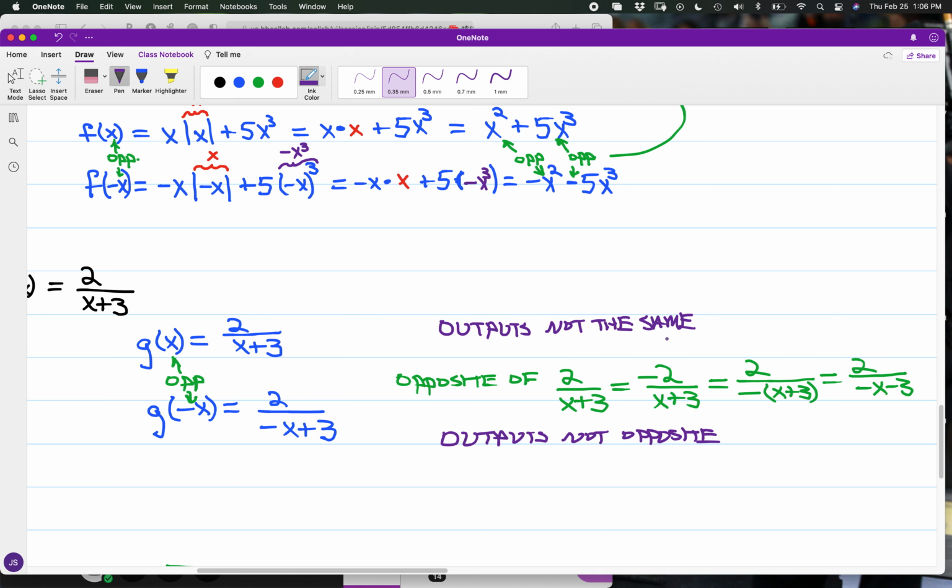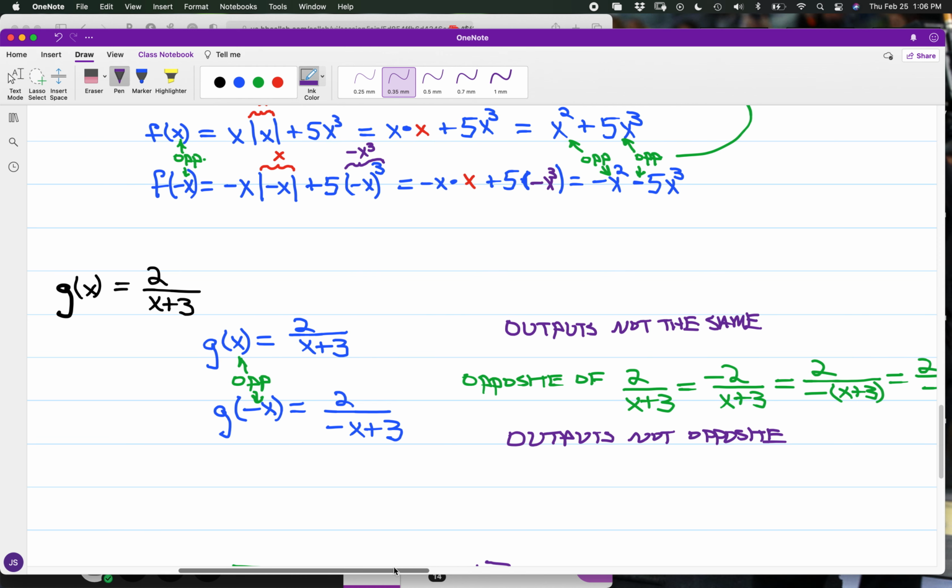They're not the same, and the outputs are not opposite each other. So in terms of whether the function is odd or even, for g of x equals 2 over x plus 3, this is going to be a case of neither.